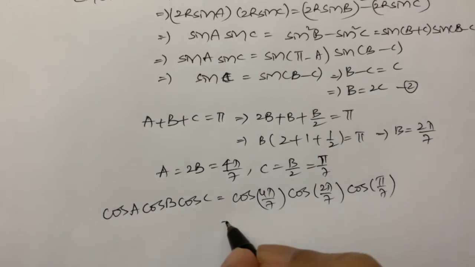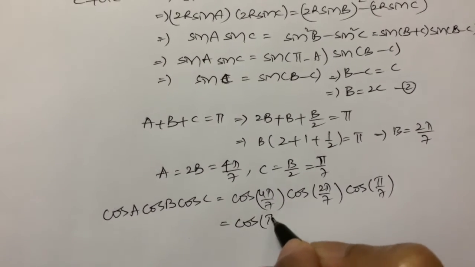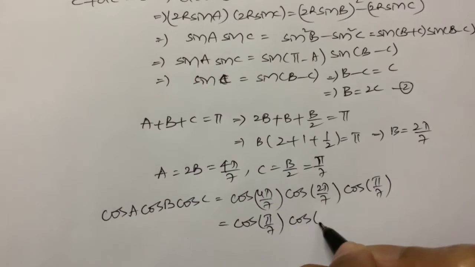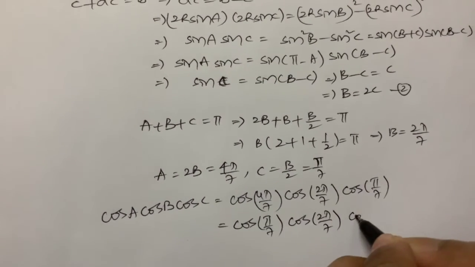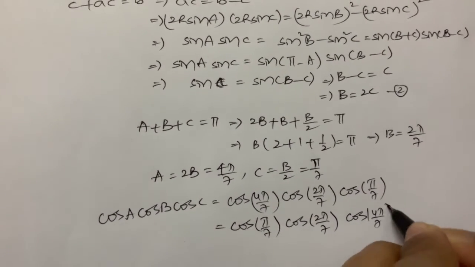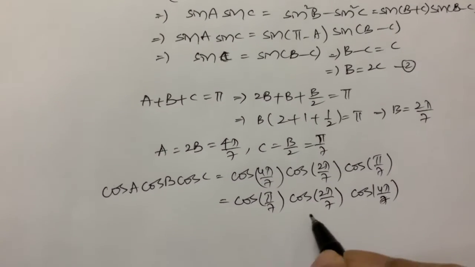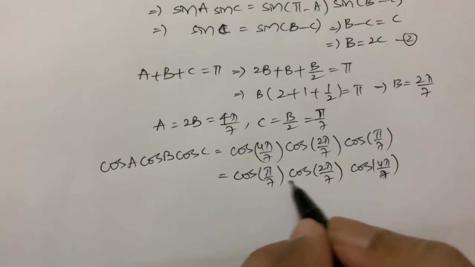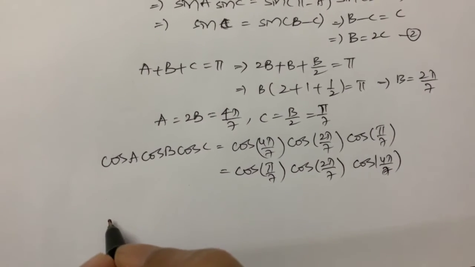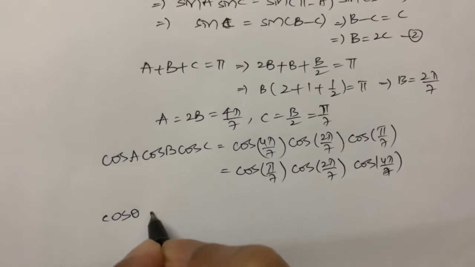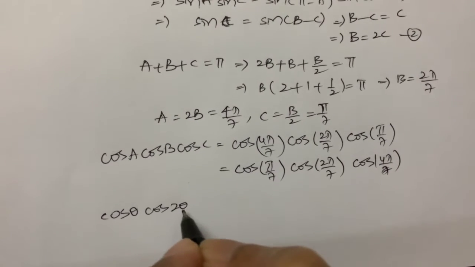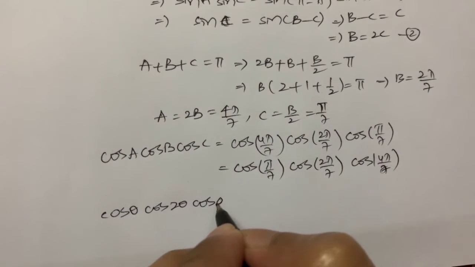So if we write in reverse order, this is cos(pi/7) cos(2pi/7) cos(4pi/7). So this is like a relation: cos theta cos 2theta cos 4theta with theta = pi/7.